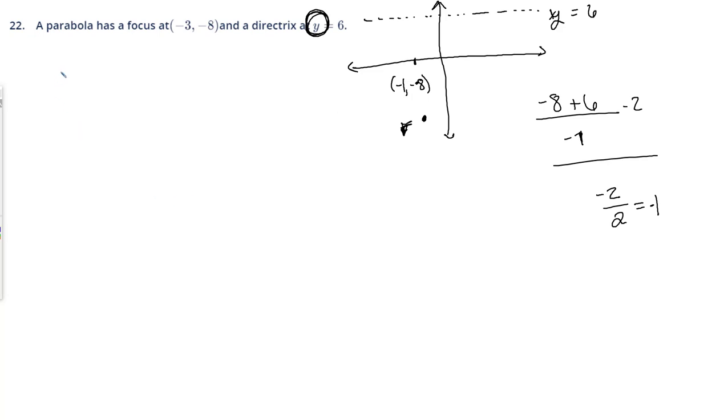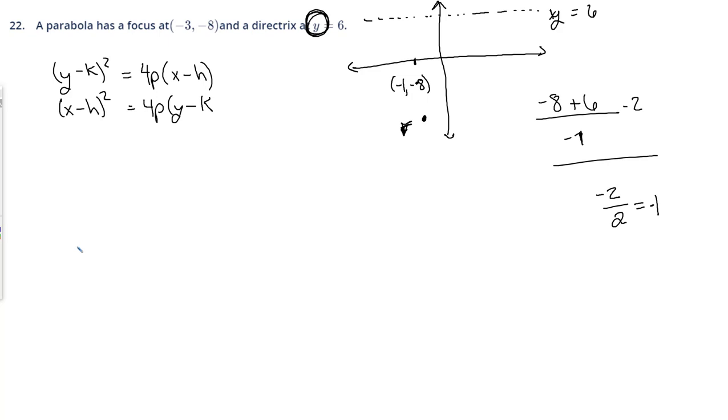And so is it going to be y minus k squared equals 4p x minus h, or is it going to be x minus h squared equals 4p y minus k? Which one am I going to be using?